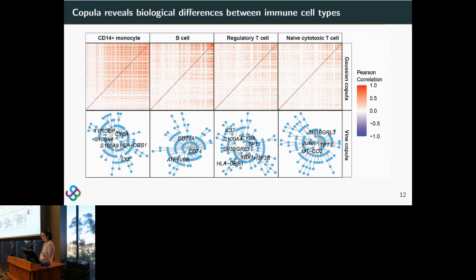And if you are using the vine copula, which utilizes the vine structure, it tries to connect different genes or features through bivariate copulas. So they give you a structure about how the genes are connected in these fine structures. So in here, we can see the different cell types have different vine structures, which may reveal the biological differences between the cell types.